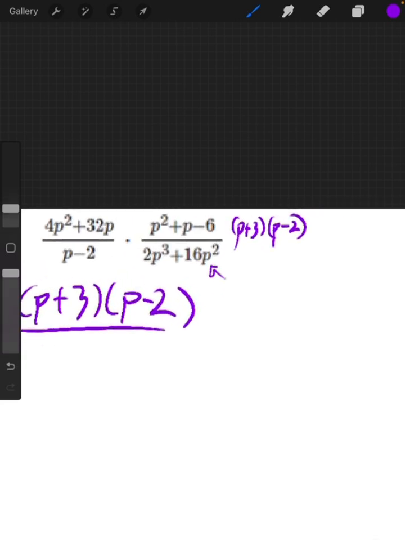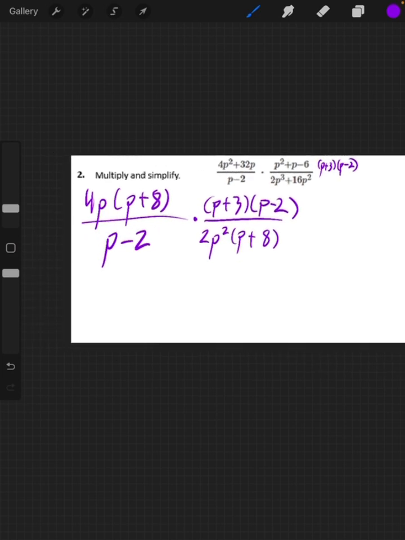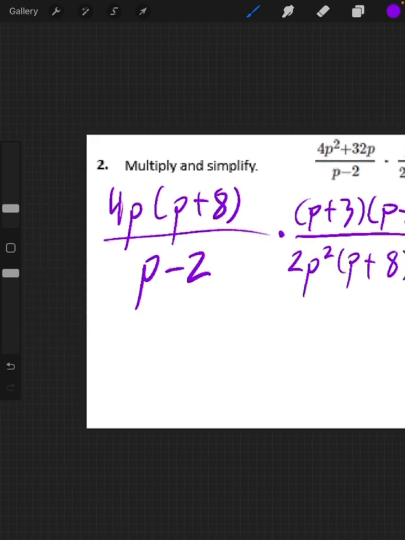Okay, here we can take out, well, I know we could take out p to the power of 2, and we can take out 2. So 2p to the power of 2. So there's 1p plus, and then 16 divided by 2 is 8. Okay, let's put these all together real quick.